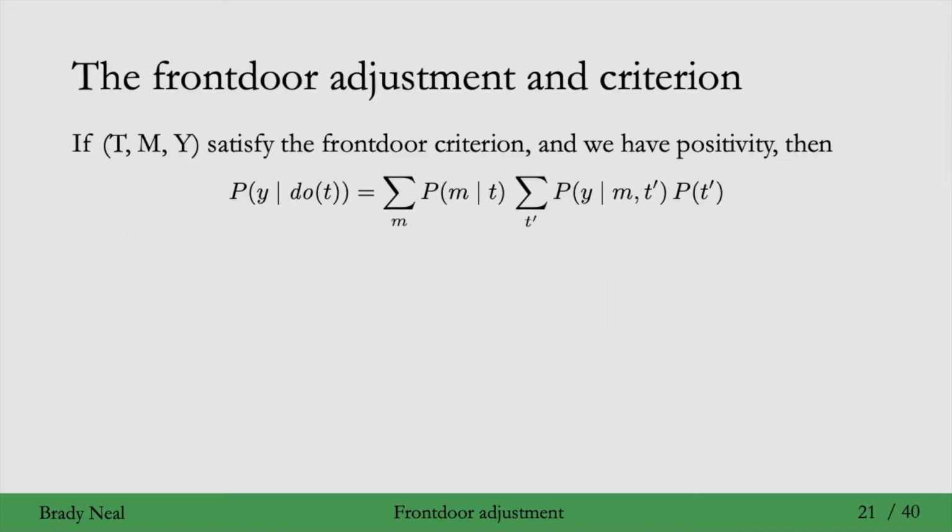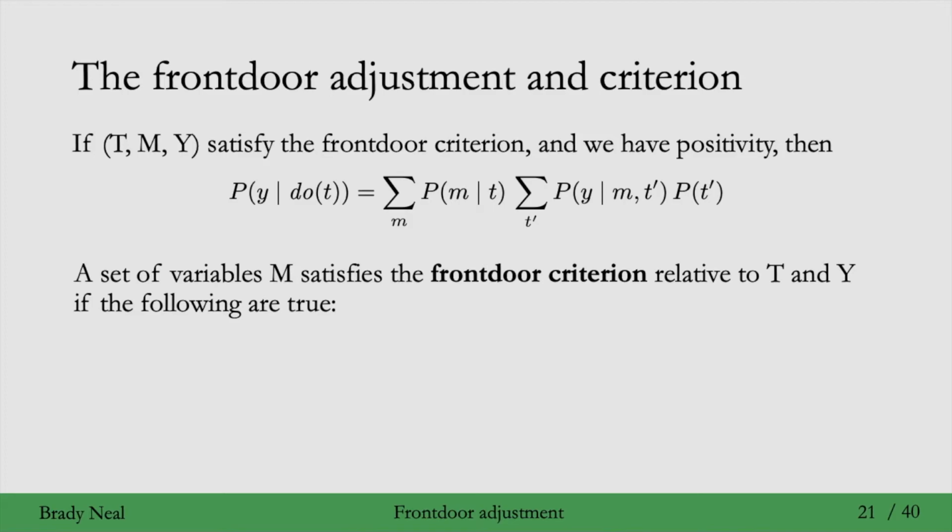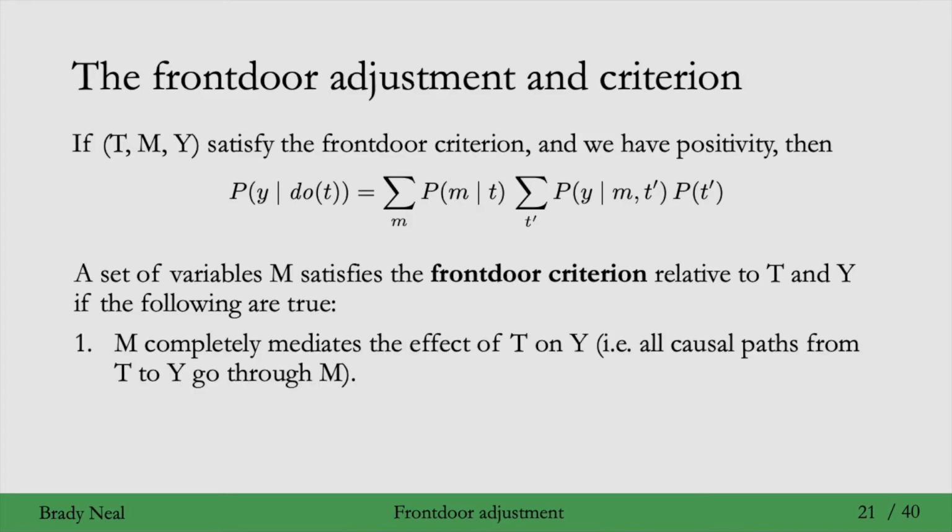So the front door adjustment is that if we have that t, m, and y satisfy the front door criterion and we have positivity, then we have this identification equation here. And what is the front door criterion? A set of variables m satisfies the front door criterion relative to t and y if the following are true. 1, m completely mediates the effect of t on y.